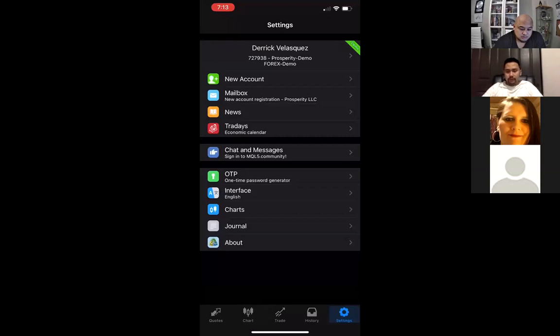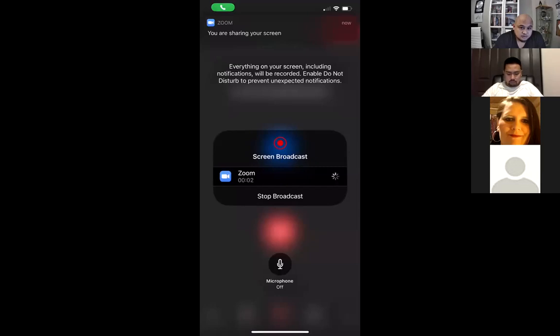There might be a lag from what you're doing to what it's actually showing. Well, it doesn't say that I'm sharing. Hold on. Okay, so what you're going to do is, it just keeps logging me out for my phone.